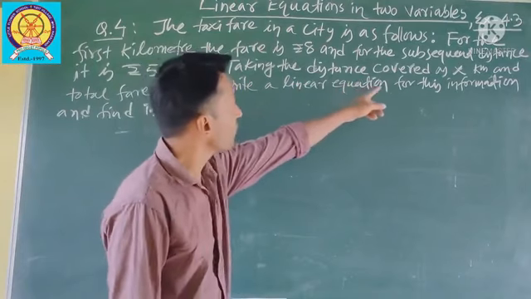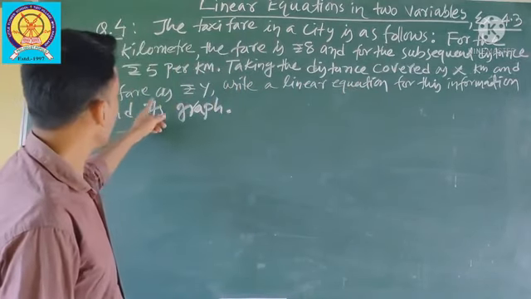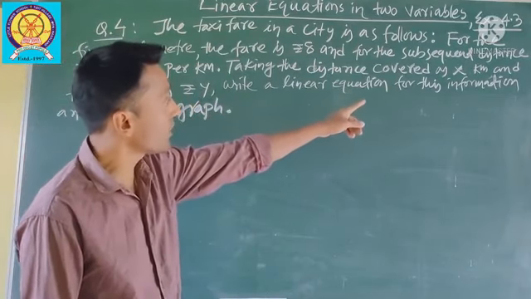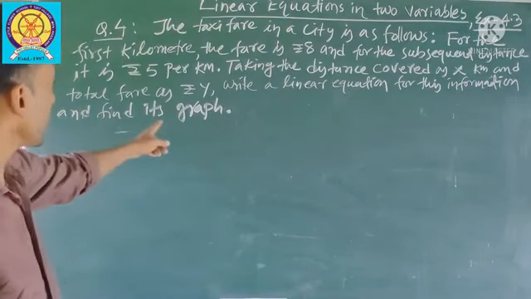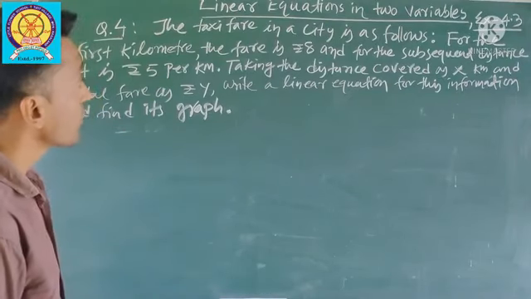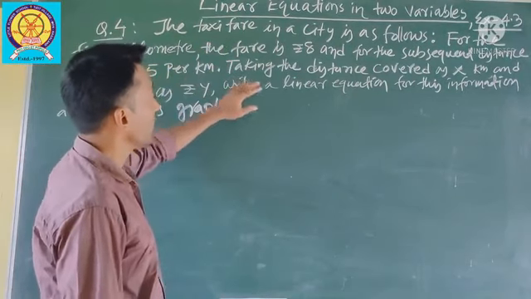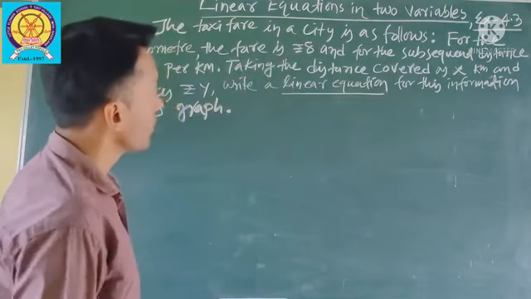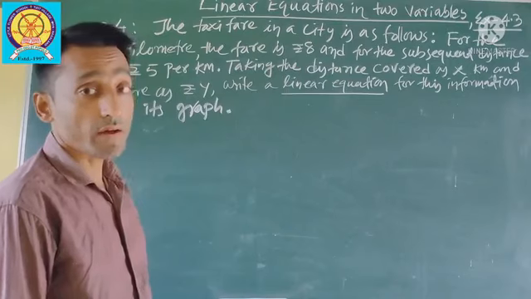Taking the distance covered as x kilometers and total fare as rupees y, write a linear equation for this information and find its graph. From this given information, we have to write a linear equation and then draw the graph.